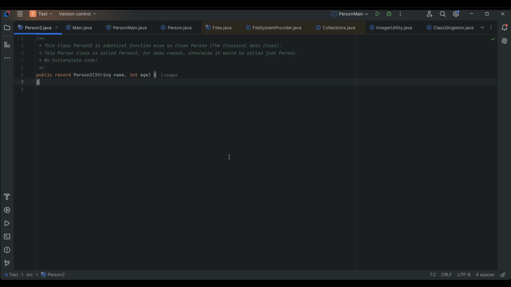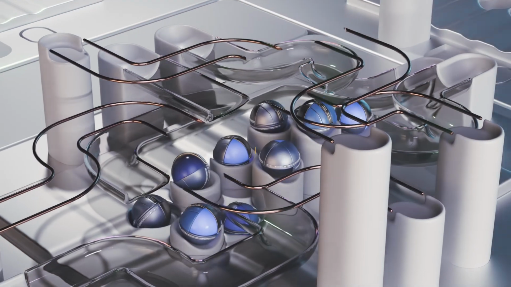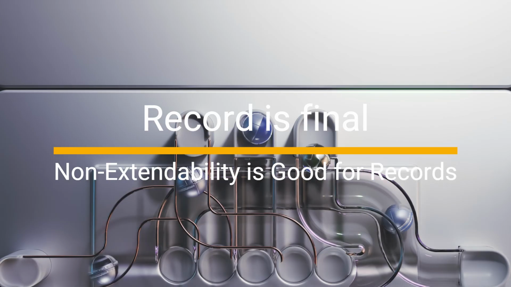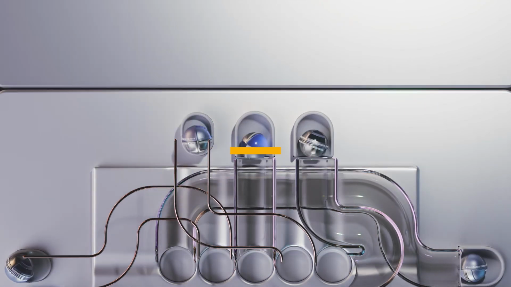The key difference between the classic data class and the record is that records are final and non-extendable. In Java, records are a special kind of class introduced to reduce boilerplate code for data classes. A record is implicitly final, meaning it cannot be extended by another class. Here's why this limitation is actually a feature and not a drawback.